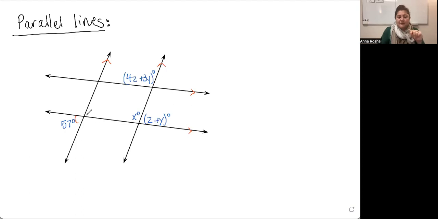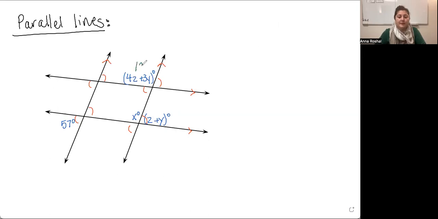So if this guy is 57 degrees, this guy is also 57 degrees, and all of these red angles that I'm marking here are all 57 degrees. That must mean that all the other angles are 180 minus 57, so that's 123, right? So I'm going to label all the other angles in this green color.